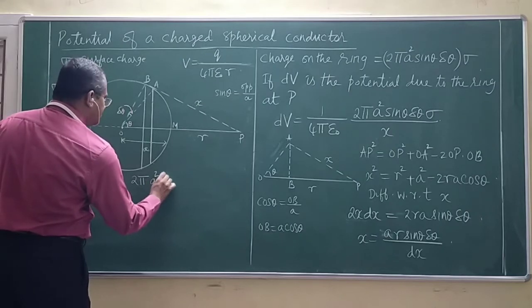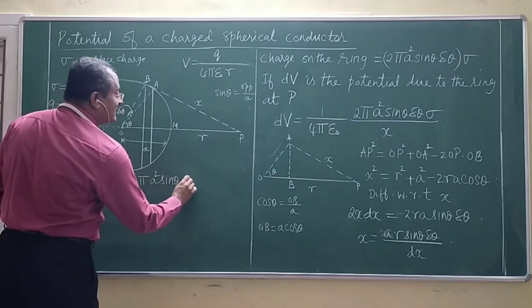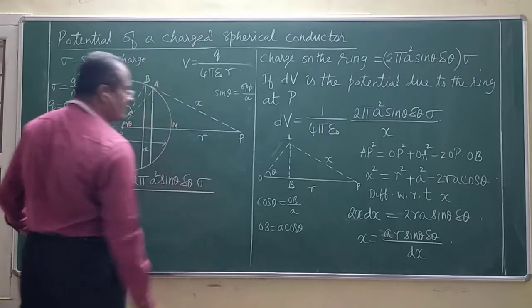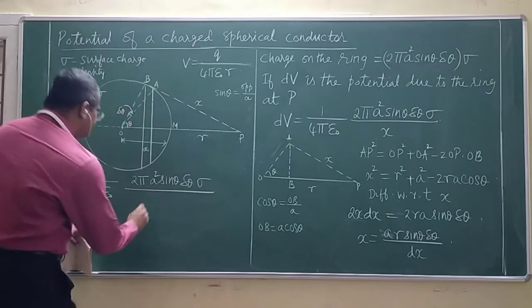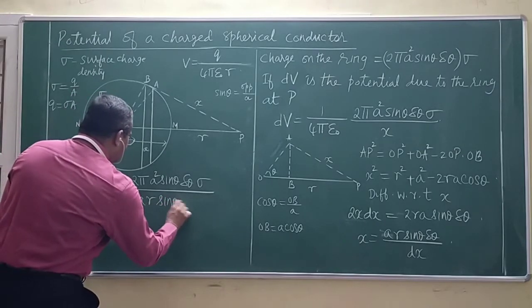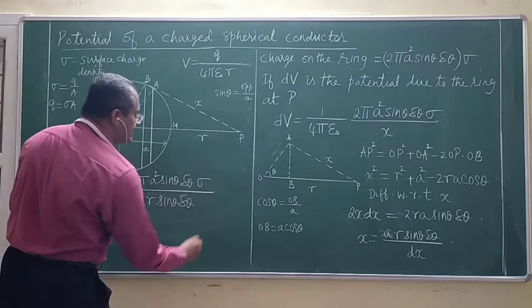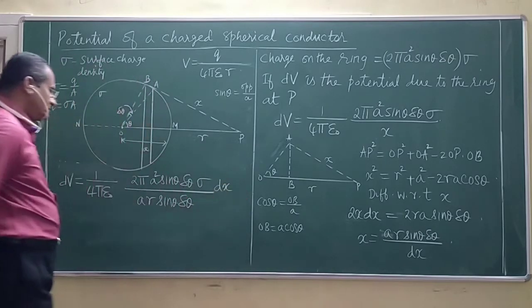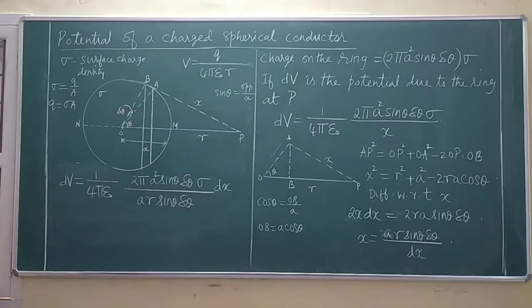A square sin theta del theta sigma divided by x, A r sin theta del theta into x. I suppose you are getting what I have written here, right?